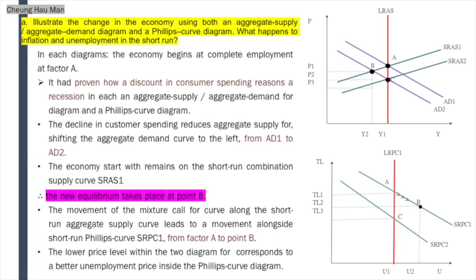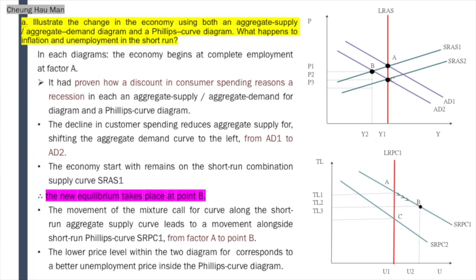In each diagram, the economy begins at full employment at point A. We show how a decline in consumer spending causes a recession in both an aggregate supply and aggregate demand diagram and a Phillips curve diagram. The decline in consumer spending reduces aggregate demand, shifting the aggregate demand curve to the left from AD1 to AD2.